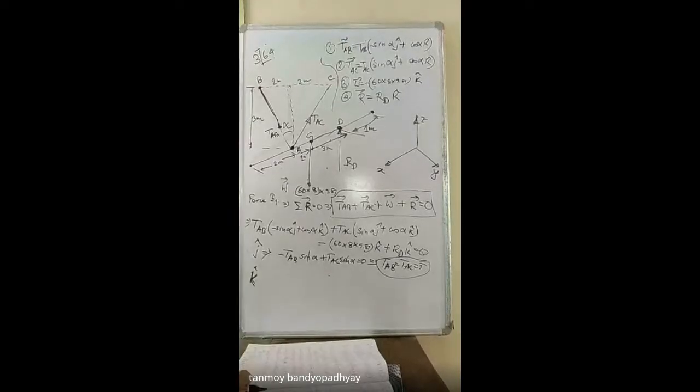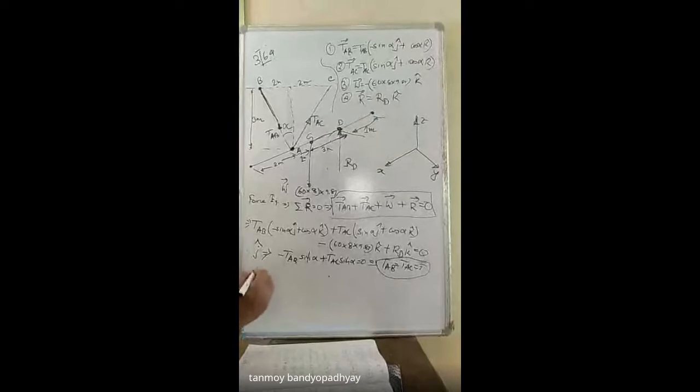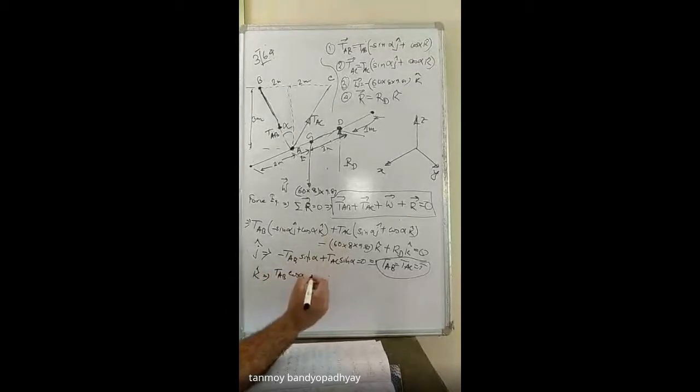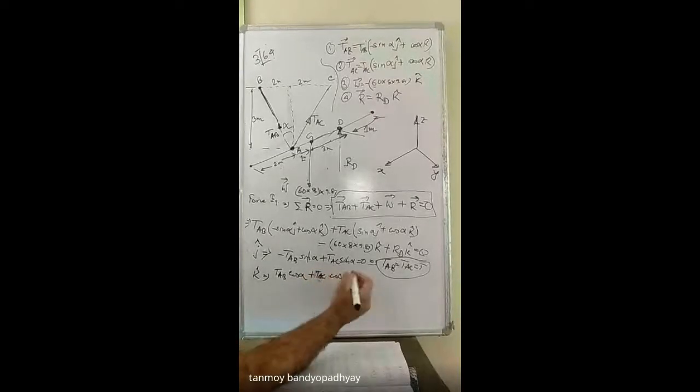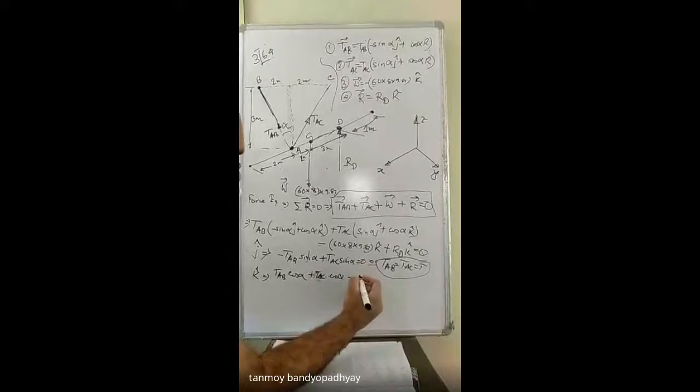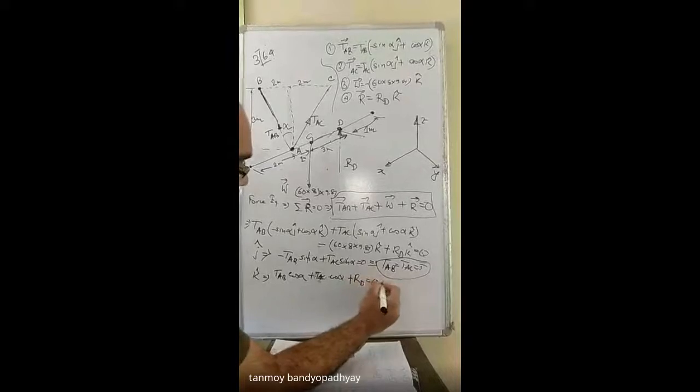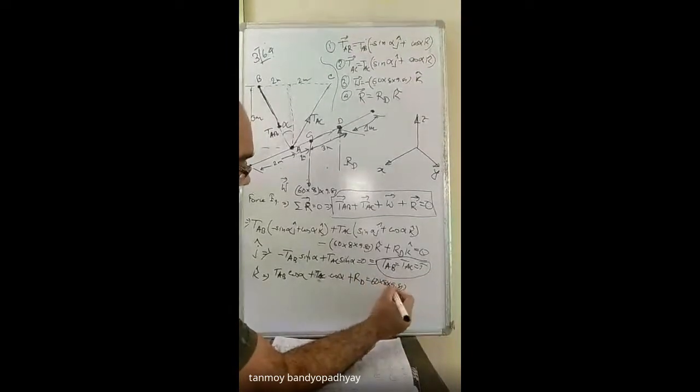When there is a bigger problem, maybe we need to assume something. Now if I balance the coefficients of k cap, what I should get is TAB cos alpha plus TAC cos alpha plus RT, that should be equal to 60 into 8 into 9.81.